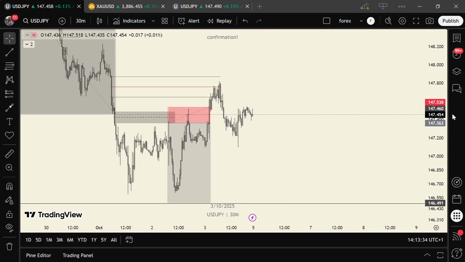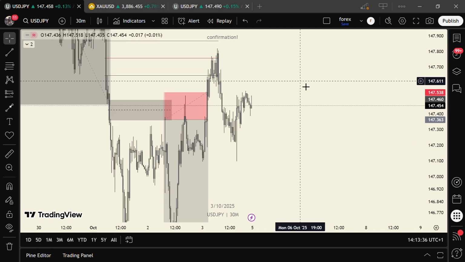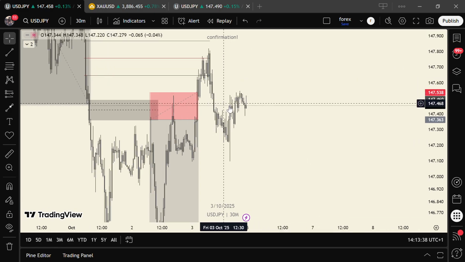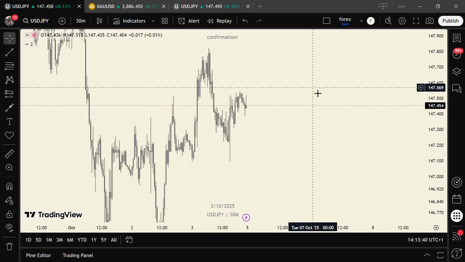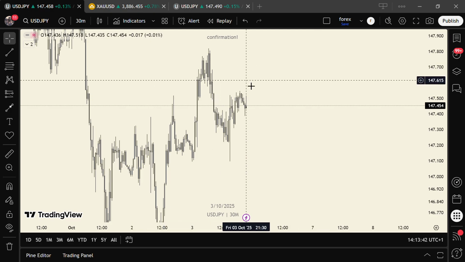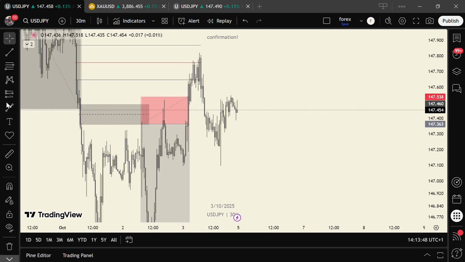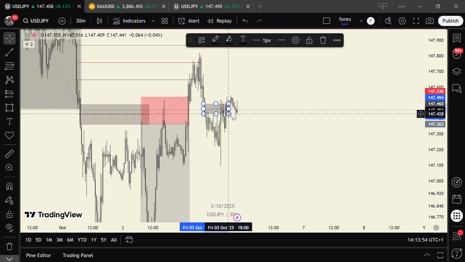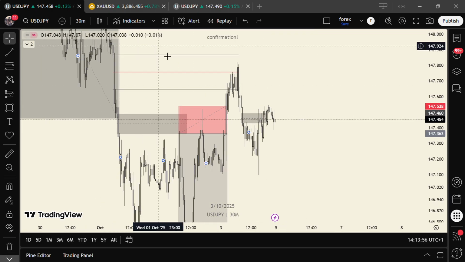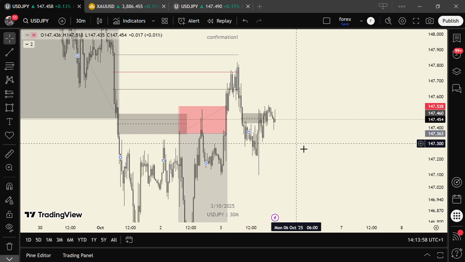So as we can see right here, there's actually a fair value gap. Okay, yes, as I was saying, as we can see, there's actually a fair value gap right here, right? And it was created off of this 30-minute fair value gap. We got another one.